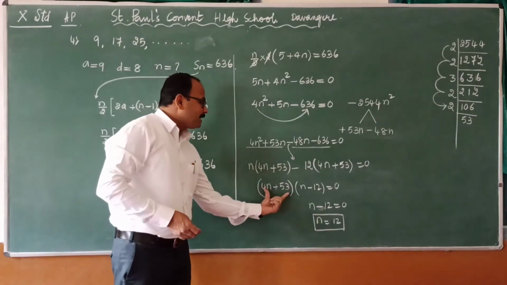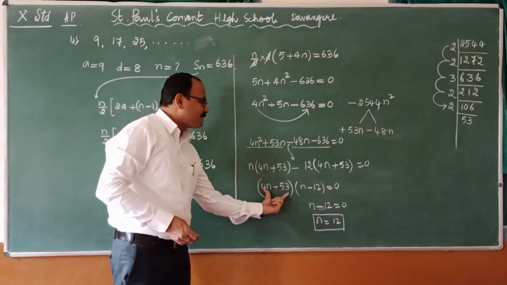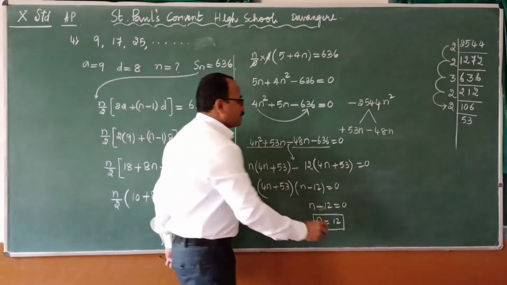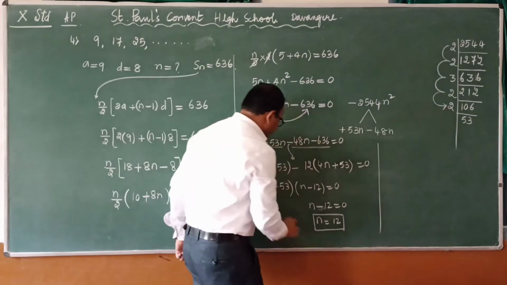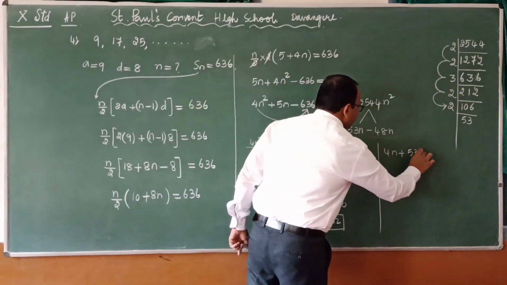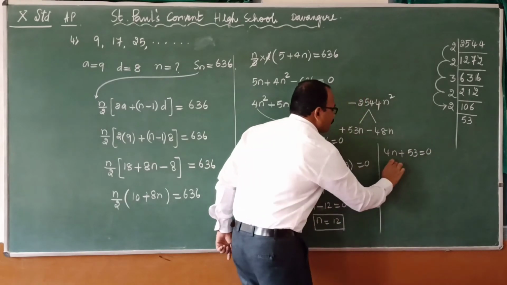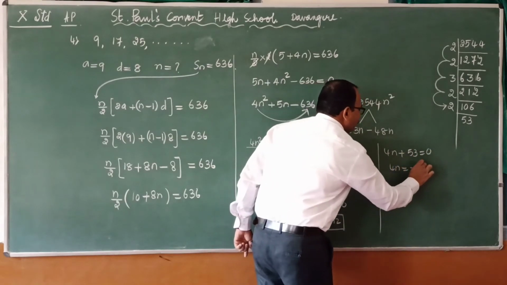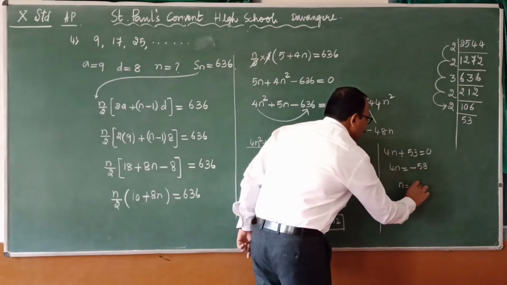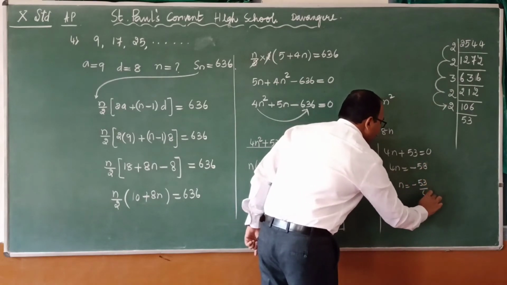We need not calculate this 4n plus 53 is equal to 0 because we will be getting negative values, children. Let's check here. We want 4n plus 53 is equal to 0. Therefore, 4n will be equal to minus 53. N will be equal to minus 53 by 4.